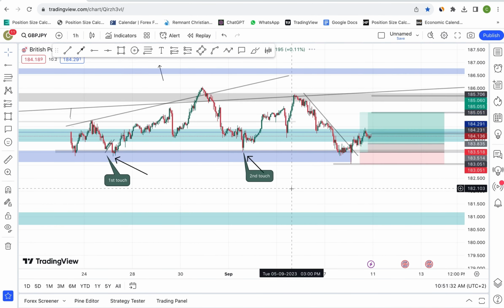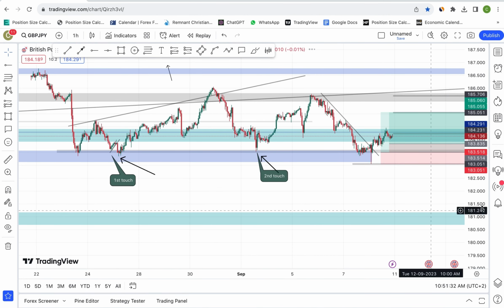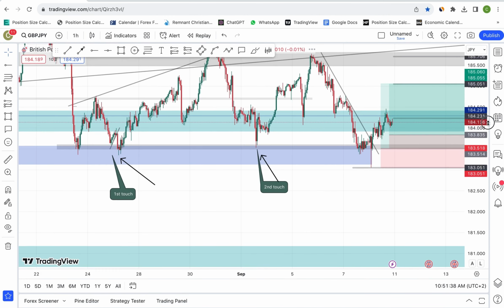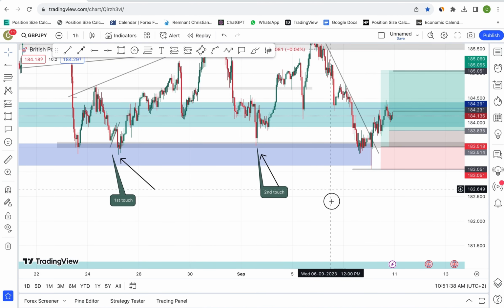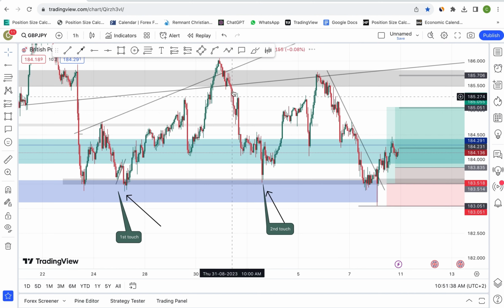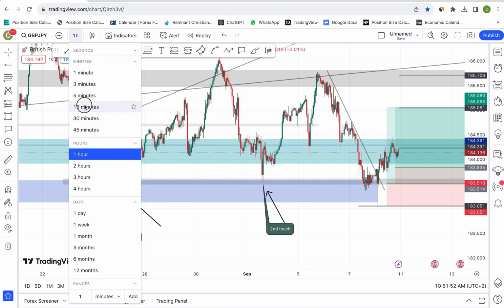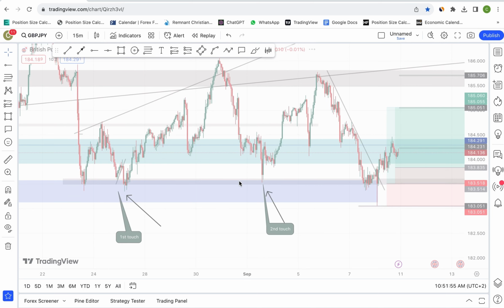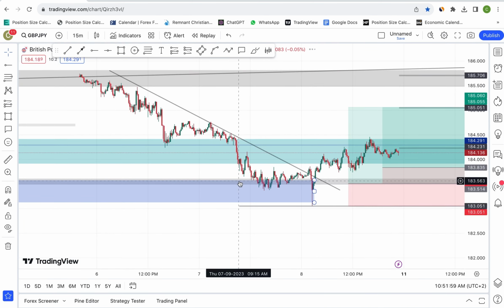You can see right here on the 1 hour time frame that it starts giving us a pattern, which is a lower low and a lower high. So if we want to view this pattern very well, let's go to a 15 minute time frame.